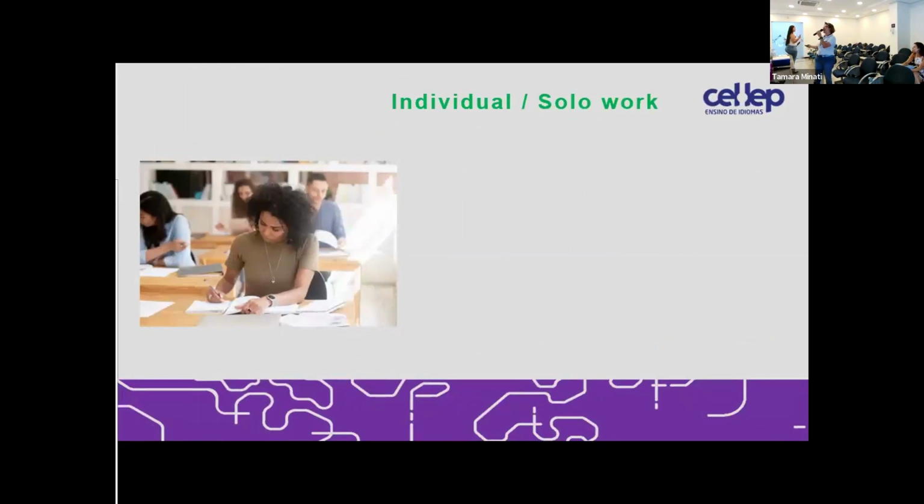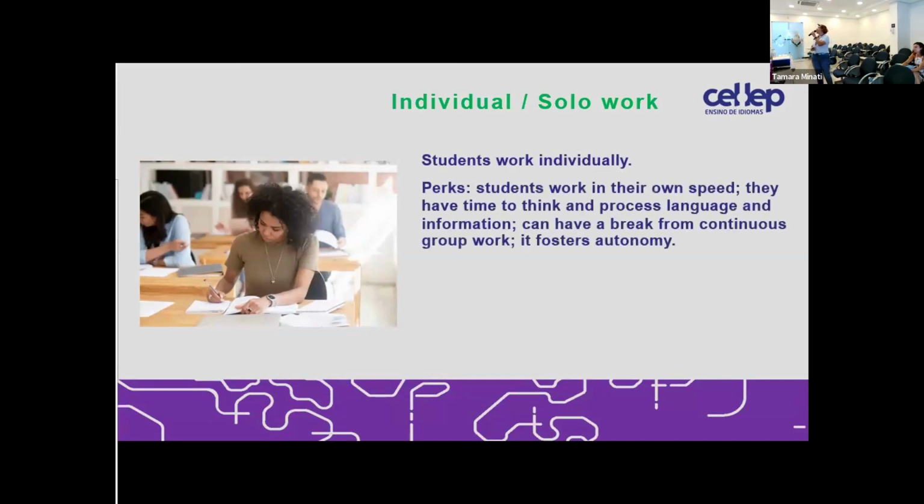So for individual solo work, students will obviously work individually, right? The perks: students work at their own speed. So they have the moment, as the girls mentioned here, to think individually, to organize their ideas.